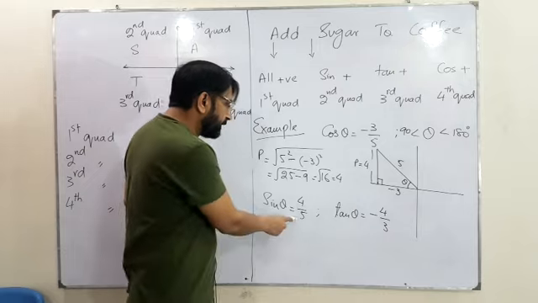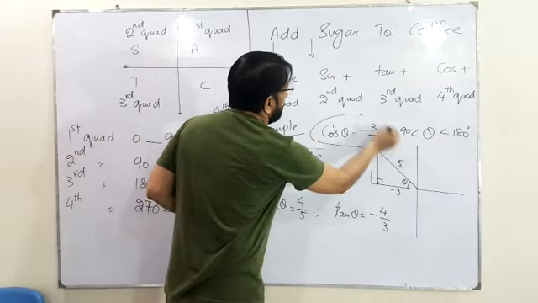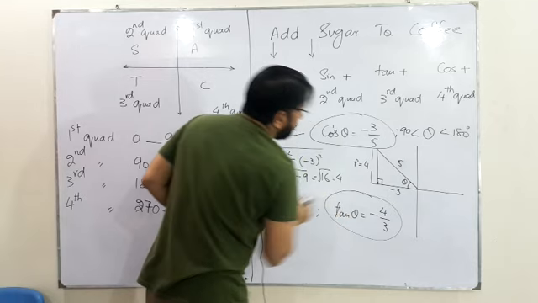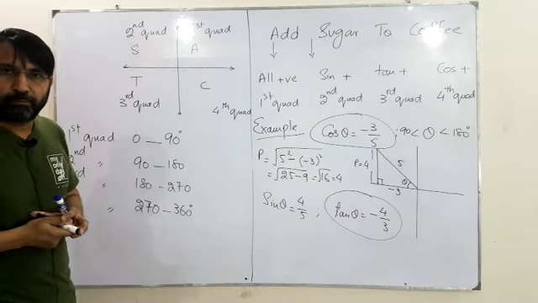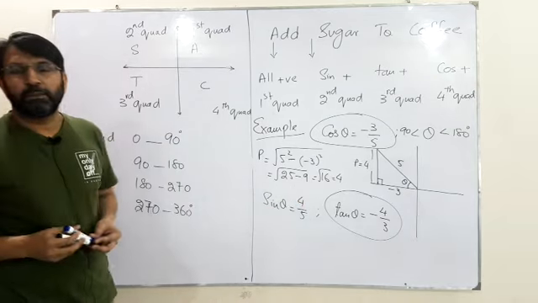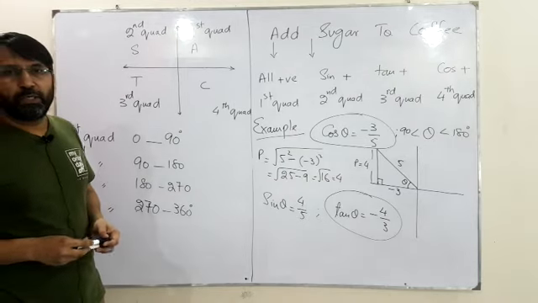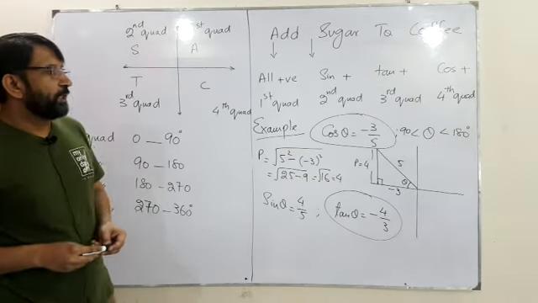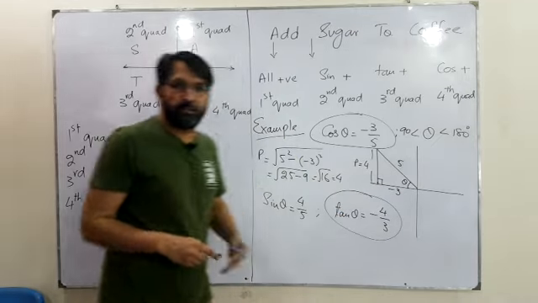That's why here sine is positive, but cos and tan are negative over here. In this way we can use the quadrant idea to find out the exact value of the trigonometric ratios in all the quadrants, either it's first, second, third or fourth, anywhere.